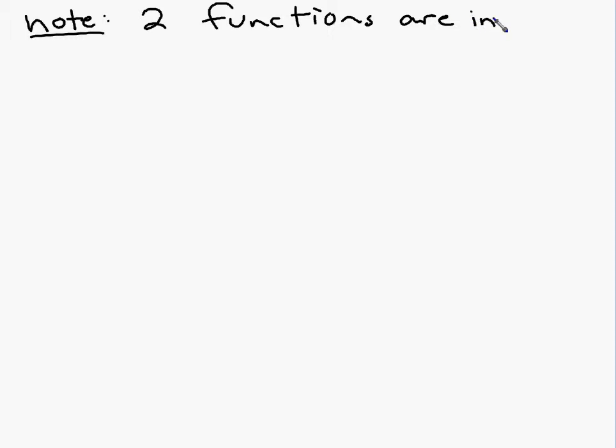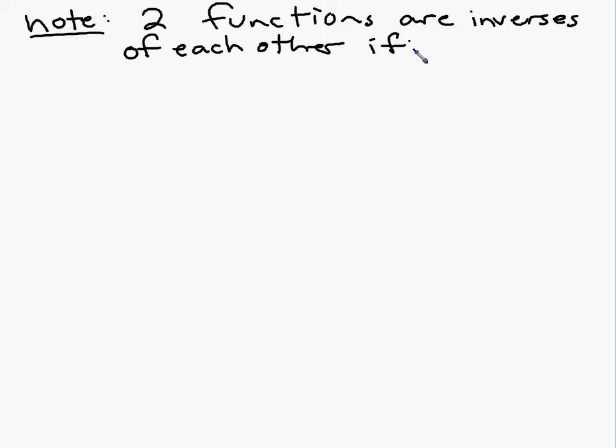Now, there is a way for us also to confirm if two functions are inverses. Note, two functions are inverses of each other if, let's say that those two functions that we're checking out are functions f and g.